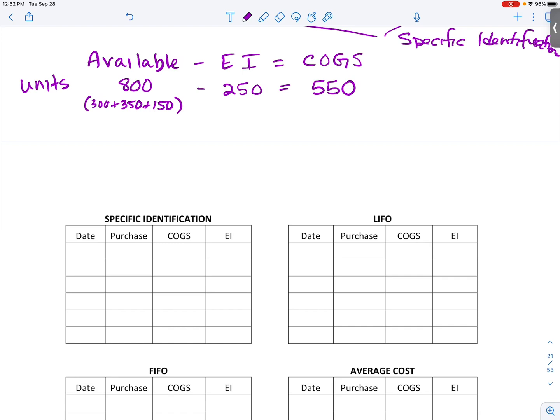So first thing you want to do in each of these problems is look at what I have available for sale. So I'm going to put in all my dates of my purchases and how many units I have, and how much each of those were purchased at.